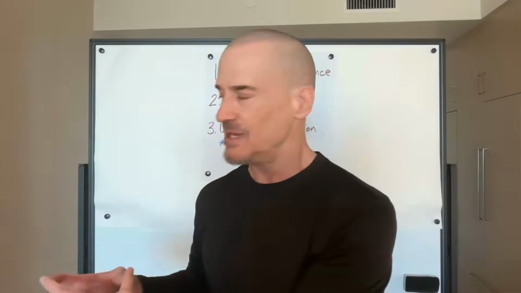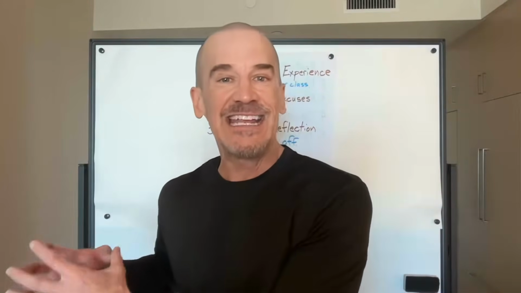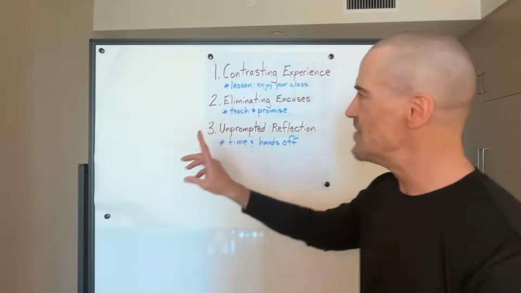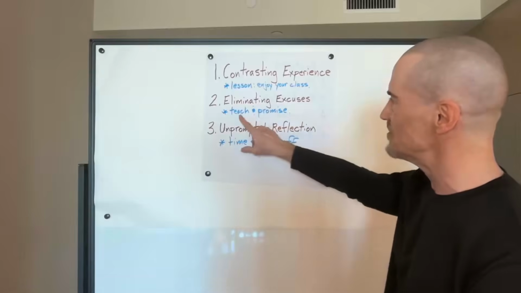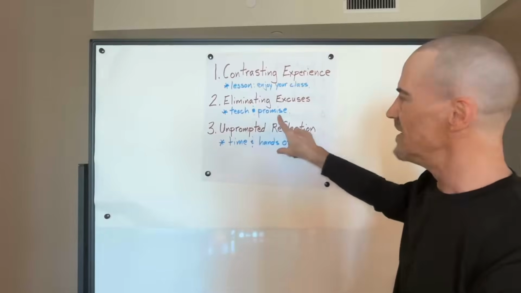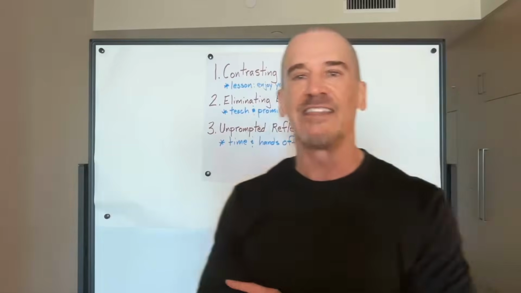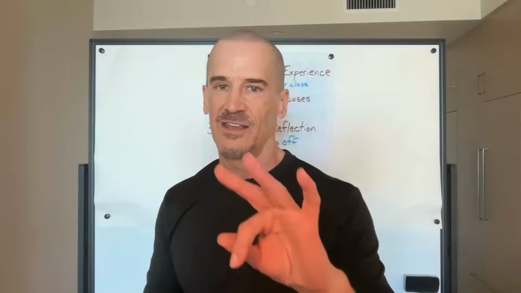When that happens, they're sitting there and they know that the responsibility is on them. They don't have anyone to blame but themselves. This is really, really key. So you have to eliminate excuses through teaching your plan and then promising to follow through and then actually following through every time.